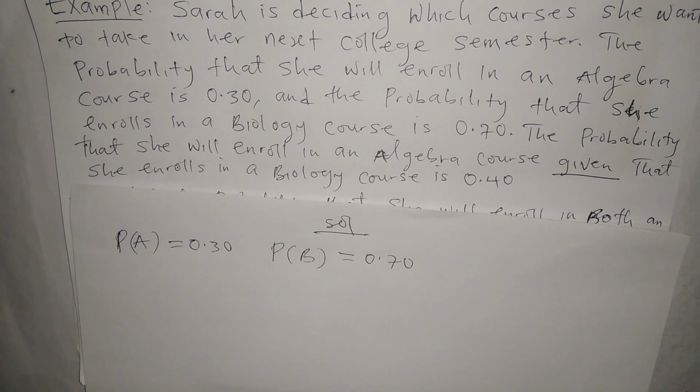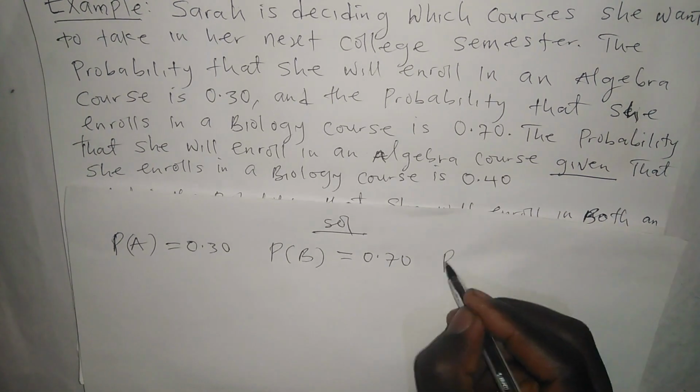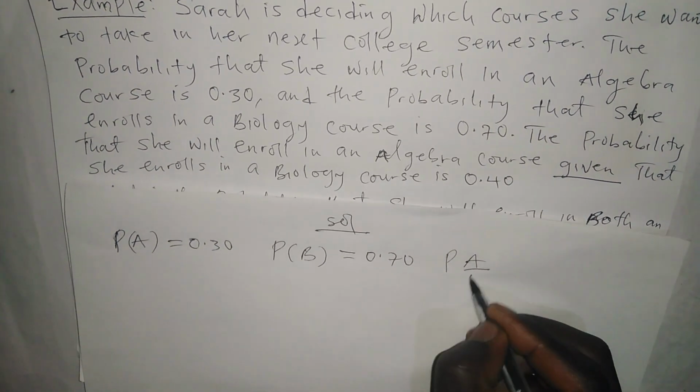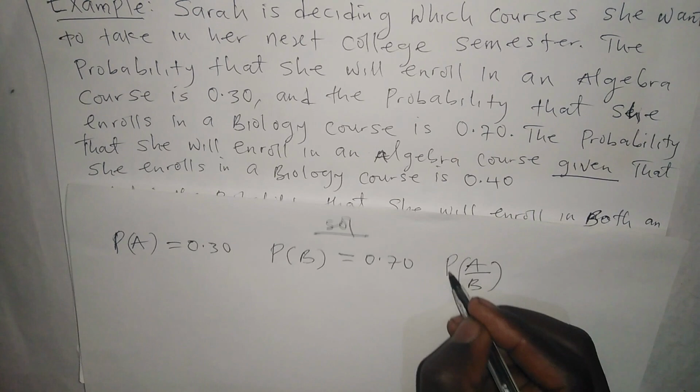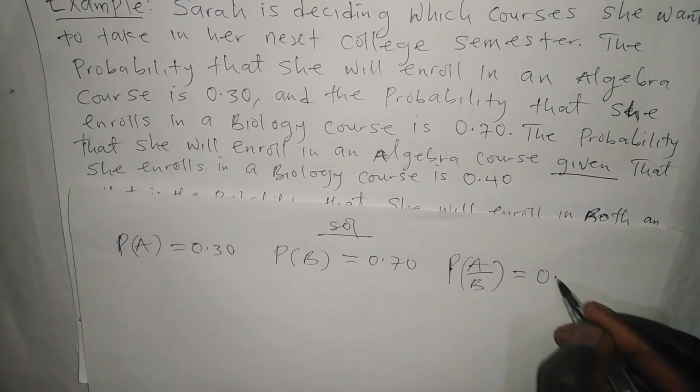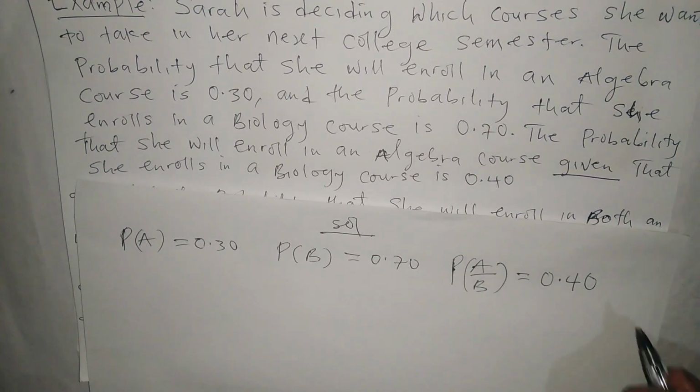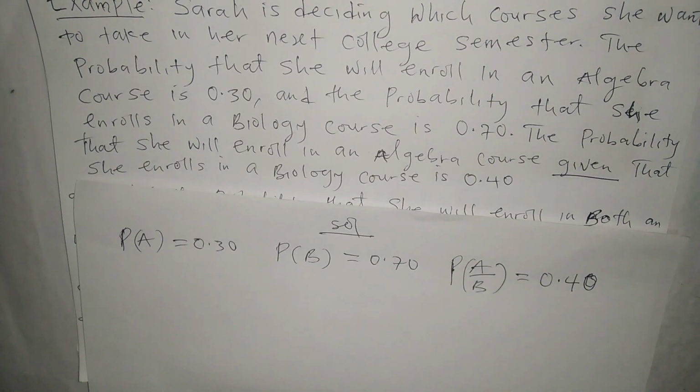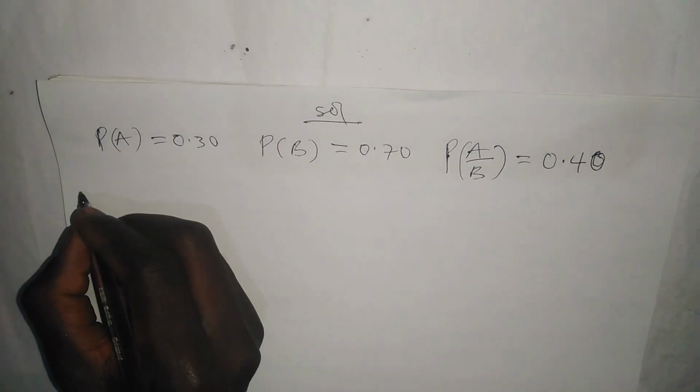Now, the probability that she enrolls in an algebra course given a biology course, P(A given B), is equal to 0.4. So this is the information we have from the question. So let's solve question A.